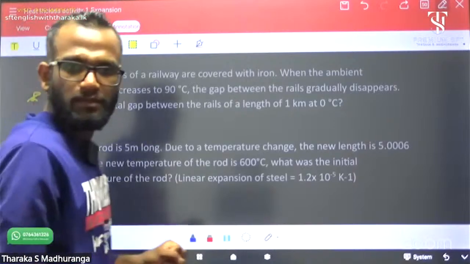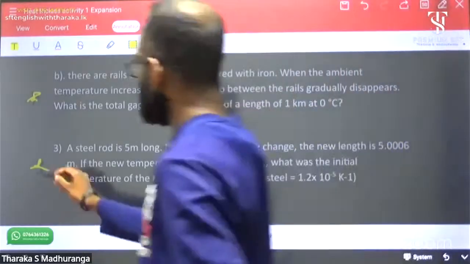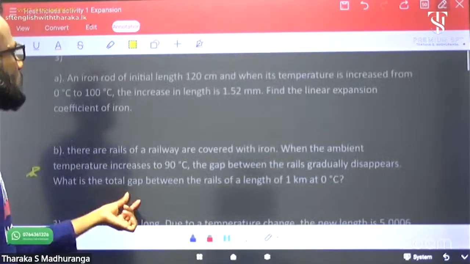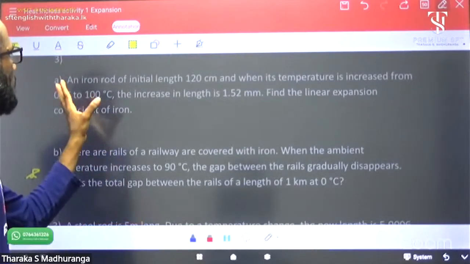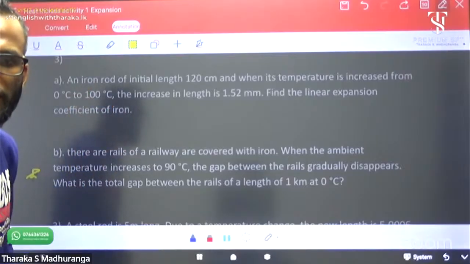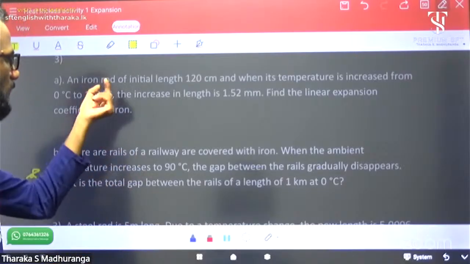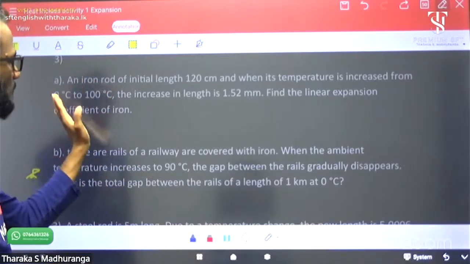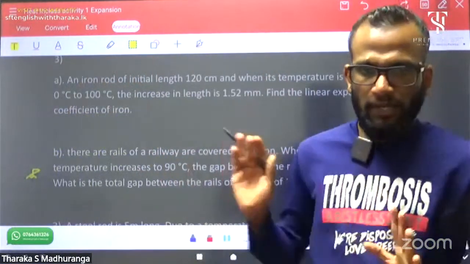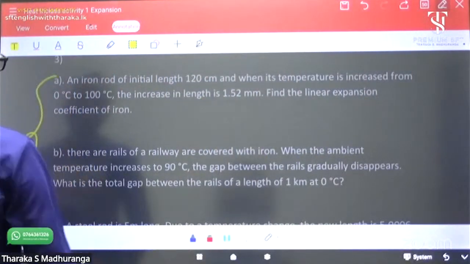Others discussed, right? Okay. We have only the B part. But before we calculate part B, we have to calculate part A as well. Otherwise, we can't find the linear expansion coefficient. Okay, let's do both, just these two.